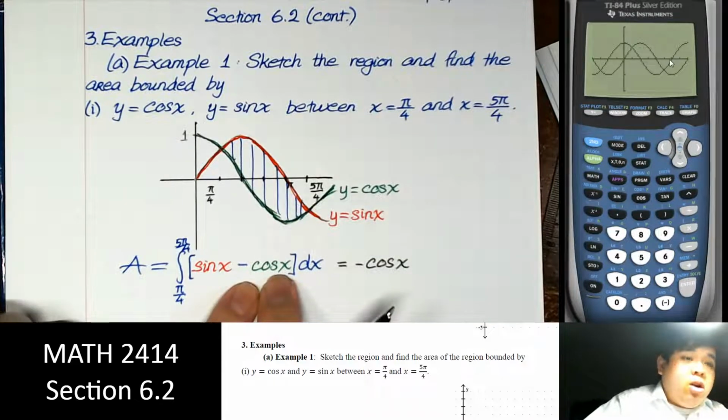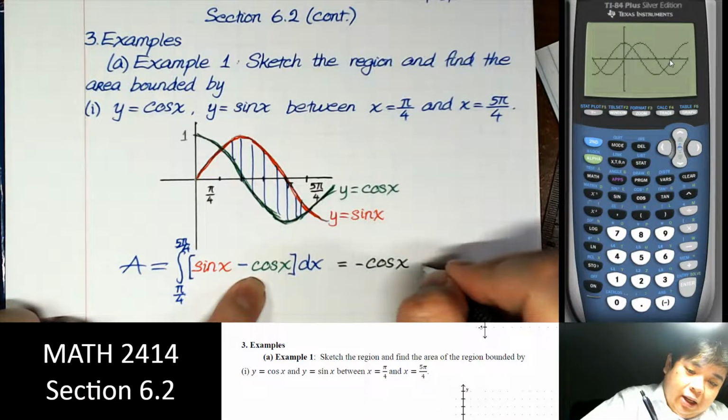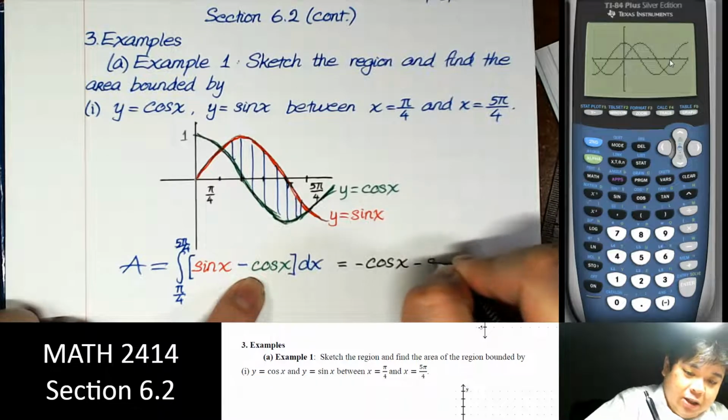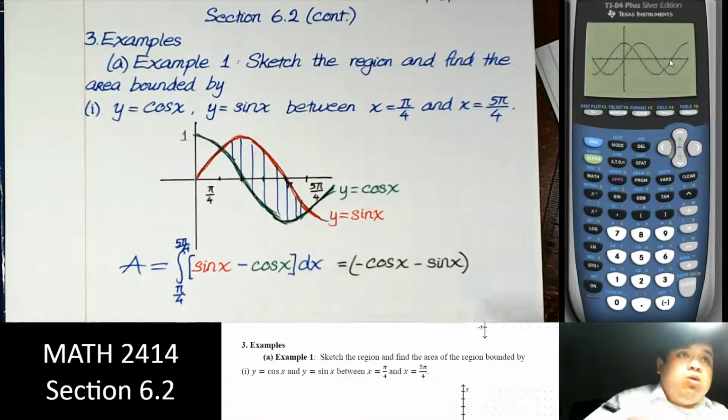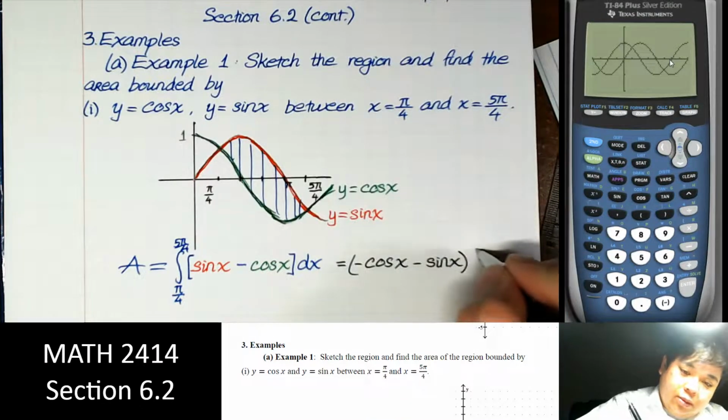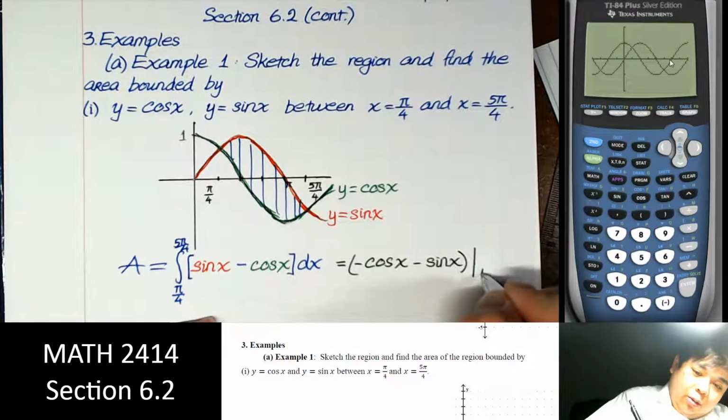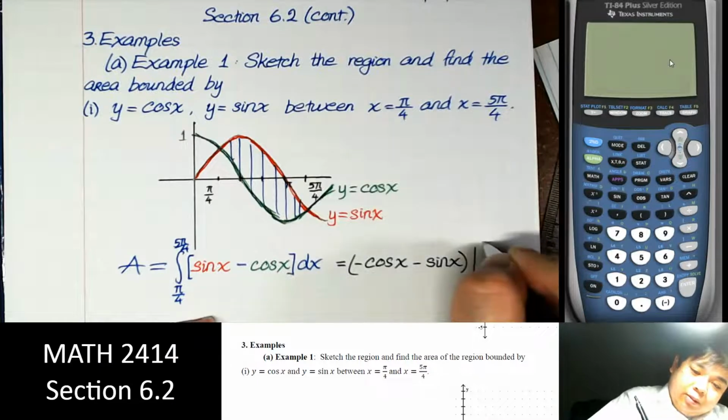And integral of cosine is sine. So pretty much that's what we have, and this integral goes from pi over 4 to 5 pi over 4.